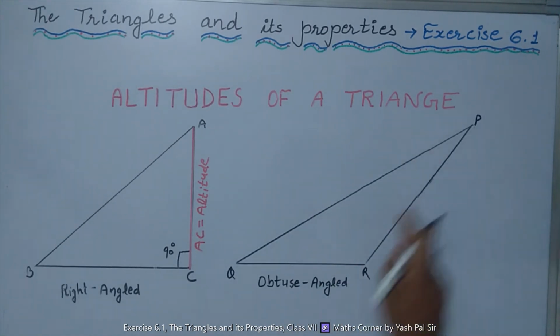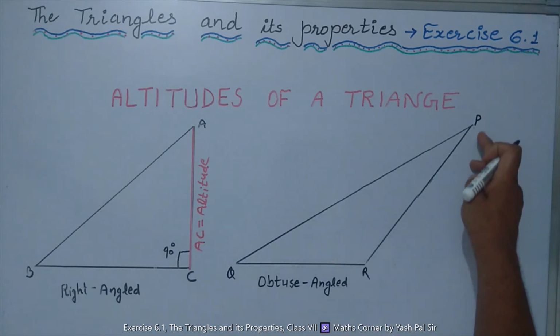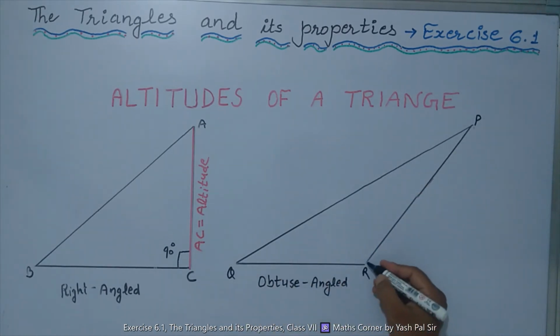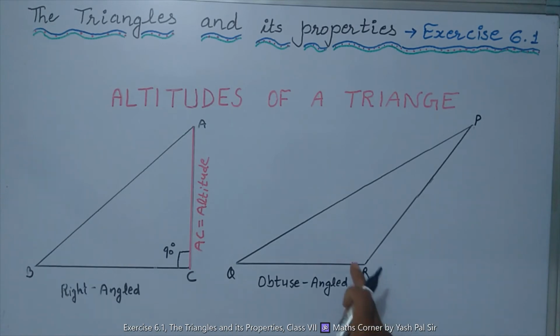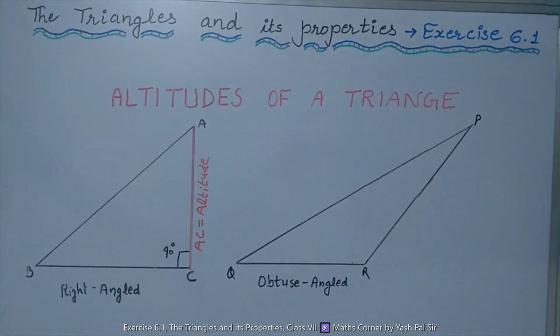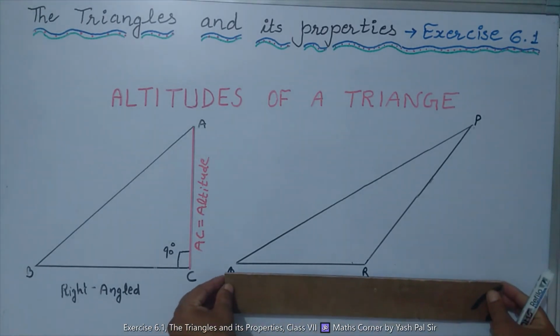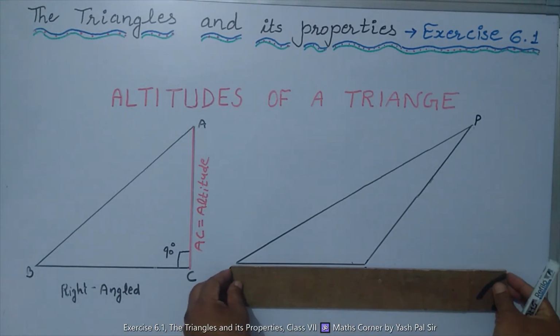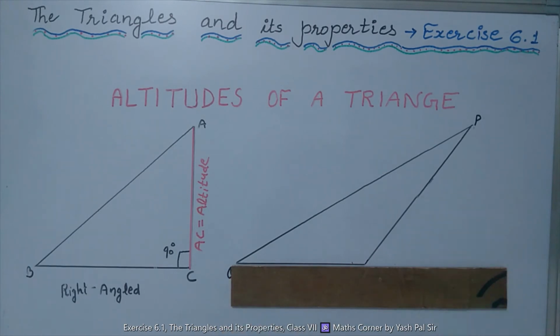Similarly, if we have an obtuse angled triangle, PQR is the triangle, obtuse angled triangle, because one of the angles is greater than 90-degree. So this triangle is called an obtuse angled triangle. So how to draw the altitude of this triangle? Let us see. First of all, we extend the base side, right.